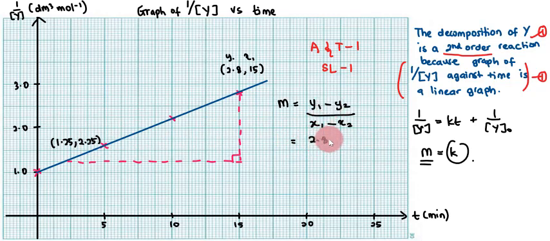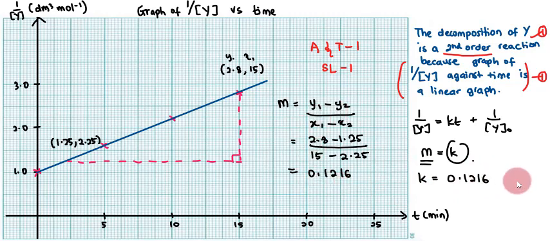Right, so kita ada 2.8 minus 1.25, bahagikan dengan 15 minus 2.25. So the gradient is around 0.1216. So since gradient kita adalah nilai ini, so K adalah 0.1216.